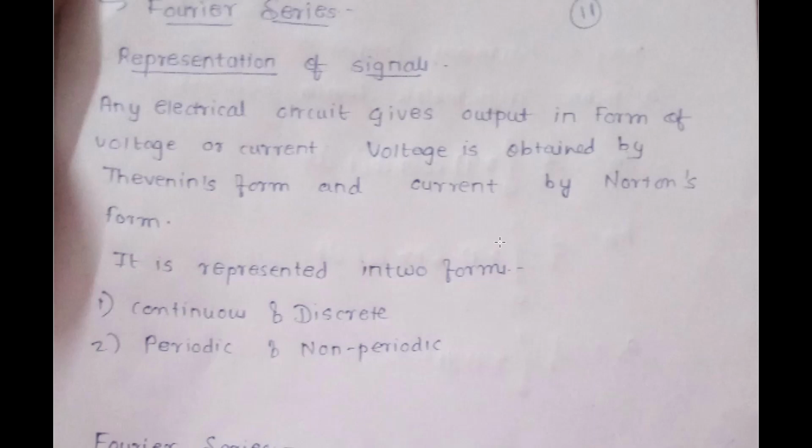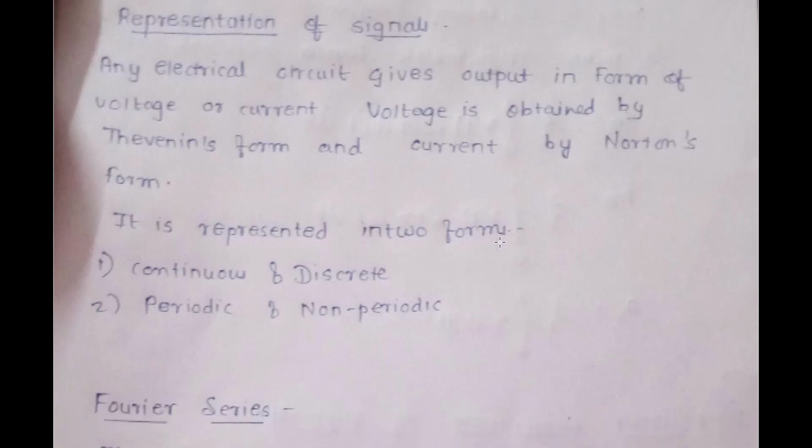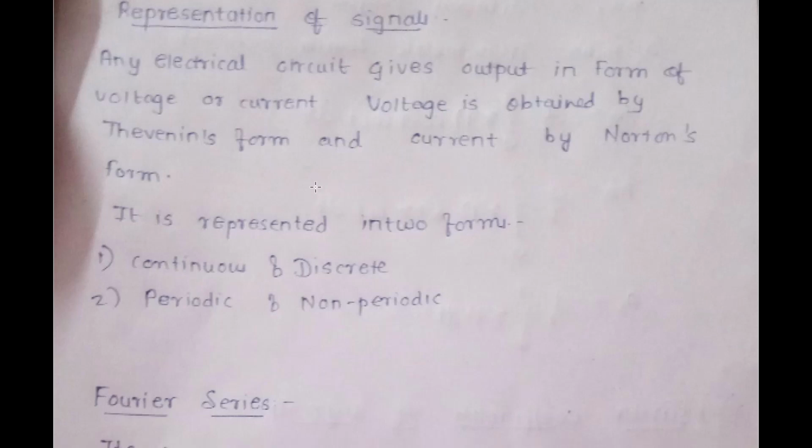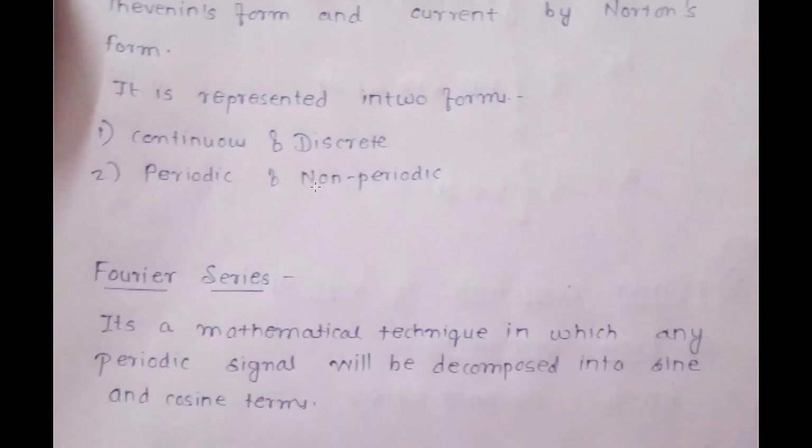Talking about Fourier series, the first topic is the representation of the signal. Basically any electrical circuit gives output in the form of voltage or current. The voltage is basically given by Thevenin's theorem and current by Norton's theorem. So I can say a signal can be of two types: continuous and discrete, periodic and non-periodic.